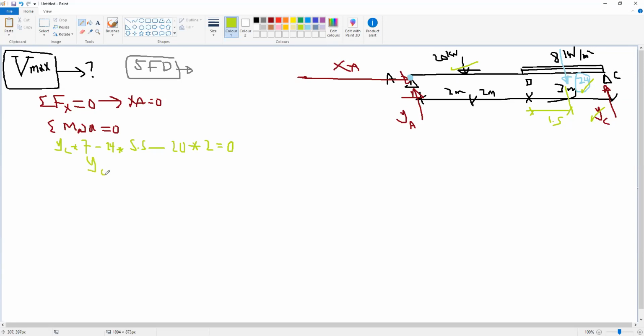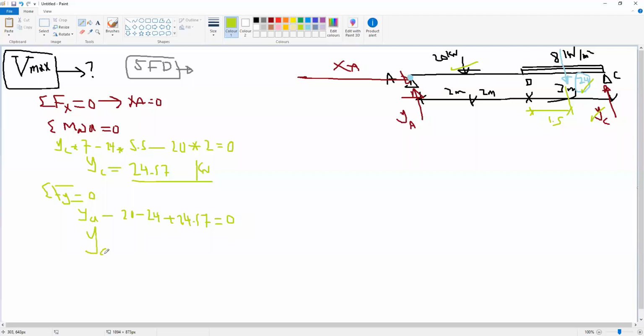This gives us YC equal to 24.57 kilonewton. So this is the reaction at C. If we apply summation Fy equal to 0, this gives us YA minus 20 minus 24 plus the reaction YC, 24.57, should be 0.